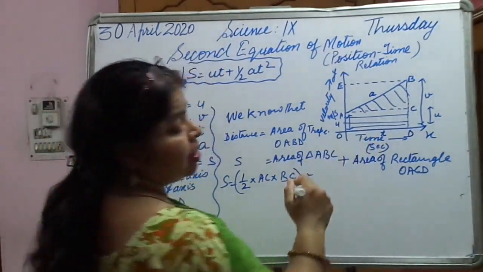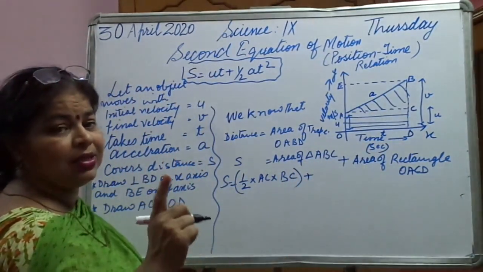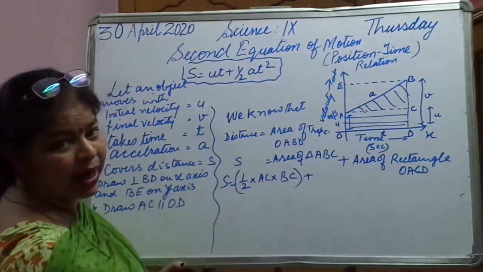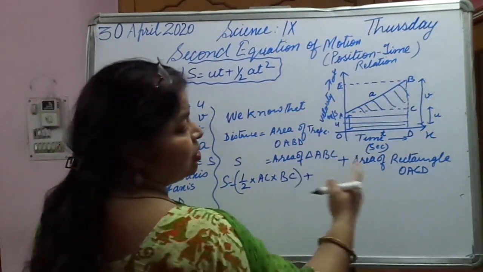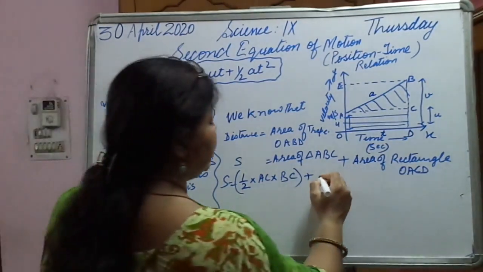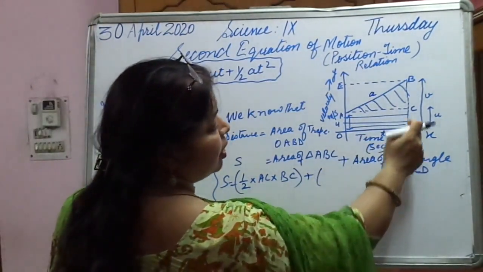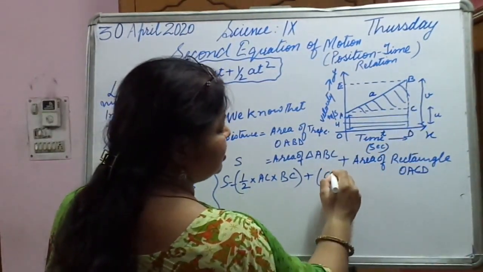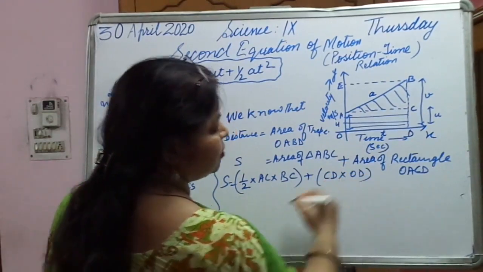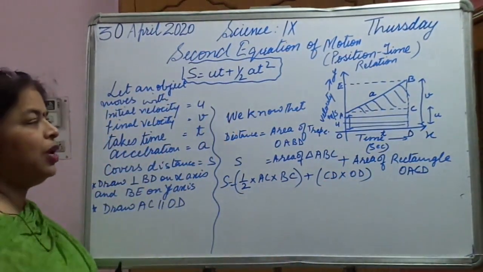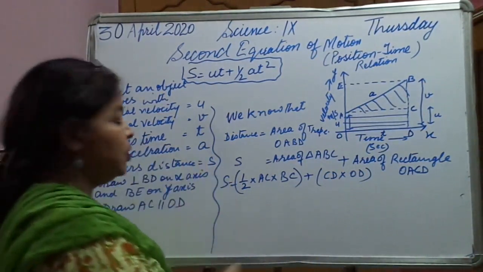Area of a rectangle is length into breadth. So what is the length over here? It is OD into CD, or we can say CD into OD. Fine. So we are going to now solve them.